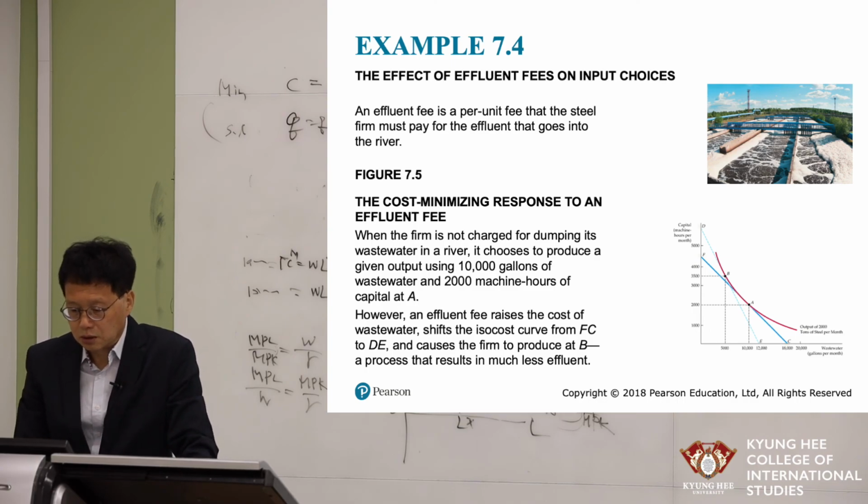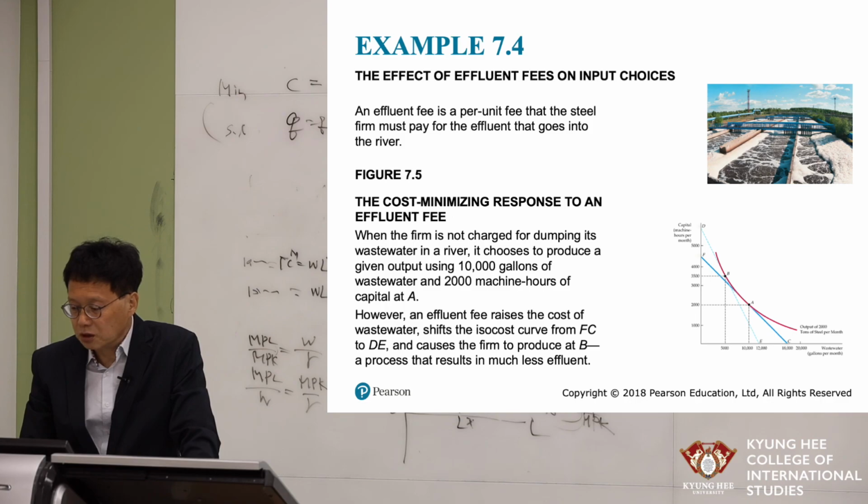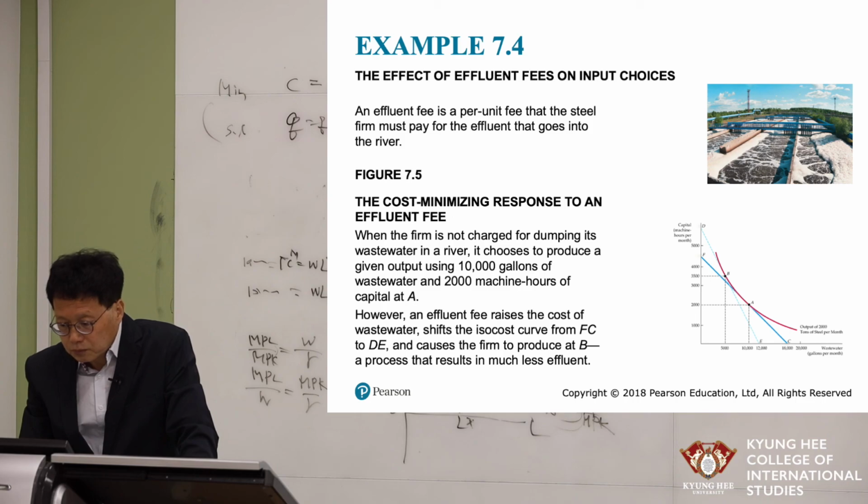Okay, example: the effect of effluent fees on input choices. So what is the X variable? Waste. The Y variable is capital stock. When the firm is not charged for dumping its wastewater, the X variable is wastewater and the Y variable is capital stock. So when there is no tax on wastewater, the equilibrium, the optimal input of wastewater and capital, occurs at point A. But now, what happened?